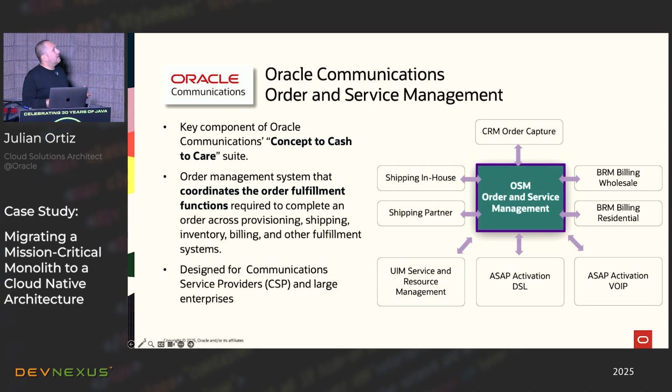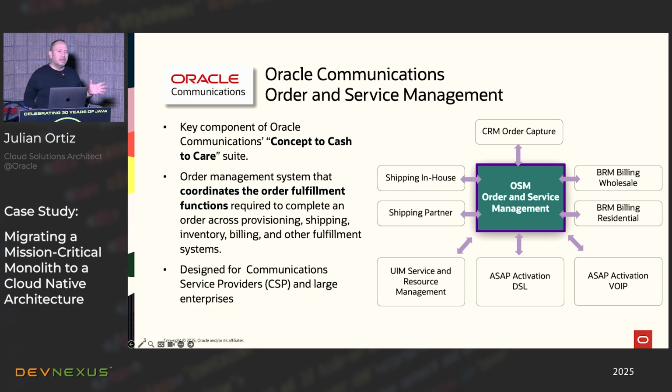So when I start by saying a monolithic application, what we're talking about is an Oracle product, an established product, and it goes by the name of Order and Service Management. It's part of the suite concept to cash to care.